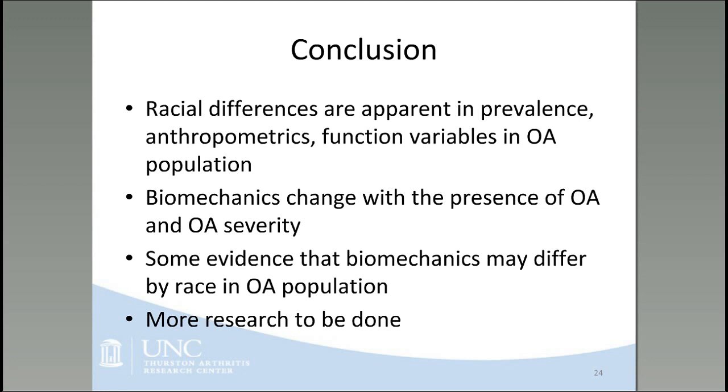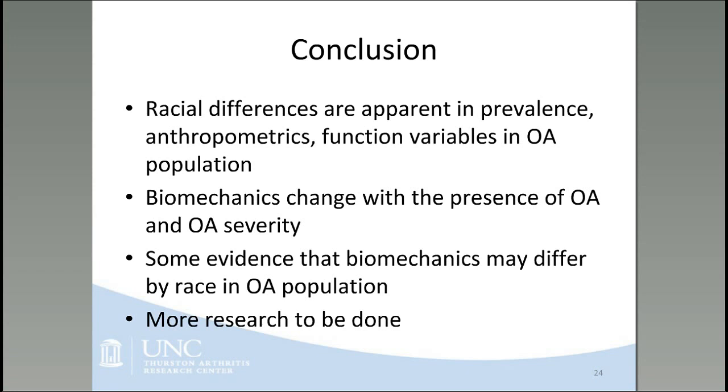So in conclusion, racial differences are apparent in prevalence, anthropometrics, and functional variables in OA population. And biomechanics do change in the presence of OA as well as with OA severity. And there's some evidence that biomechanics may differ by race in the OA population, but there's more work to be done.